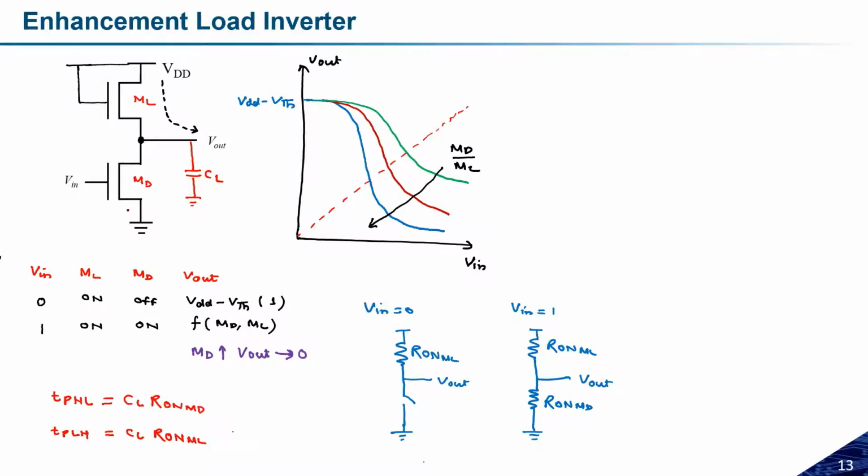Here is a very important thing I am saying, so you have to be careful. Here we have a trade-off between the noise margin and the delay. The noise margin can be improved by increasing the size of MD. But because both the transistors will have different sizing, TPHL and TPLH will be different.